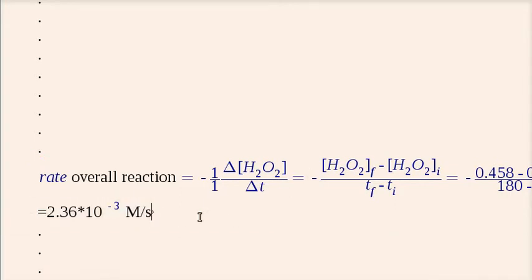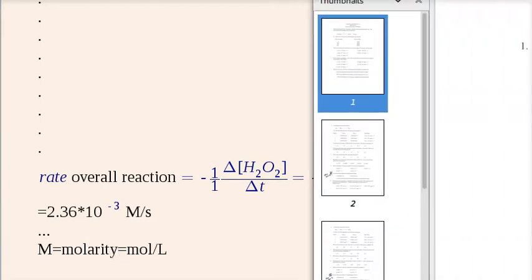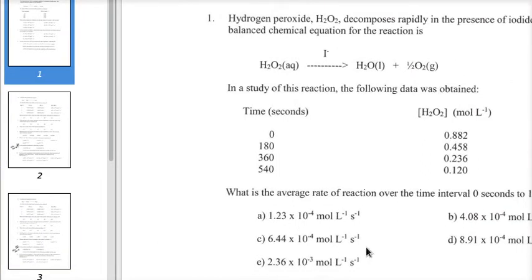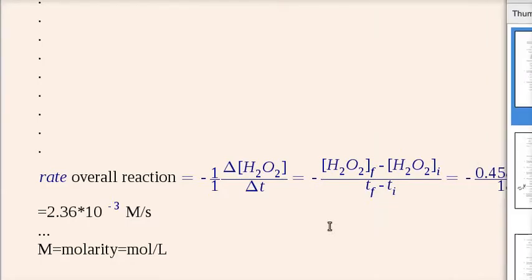Now, as far as matching that to the units we are given, capital M is moles per liter because it's molarity, and that's exactly what we have. Those are the units that are given.